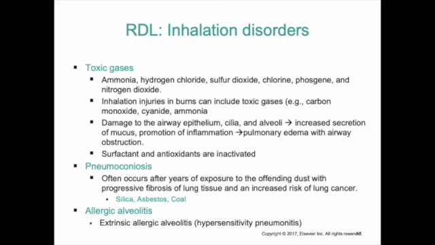The dusts from asbestos, coal, and silica, these are the most common causes of pneumoconiosis. Other things like talcum powder, fiberglass, mica, clays, slate, cement, metals, these are all going to increase your risk of pneumoconiosis as well.